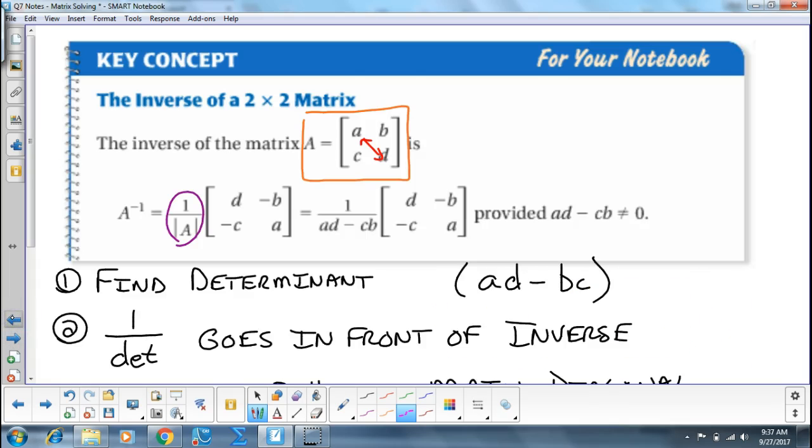This right here in this purple circle, yes, it looks like absolute value, but because we're dealing with matrices, it's determinant. So it's not automatically switching to positive.